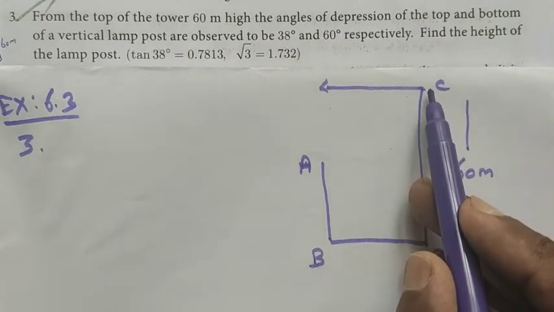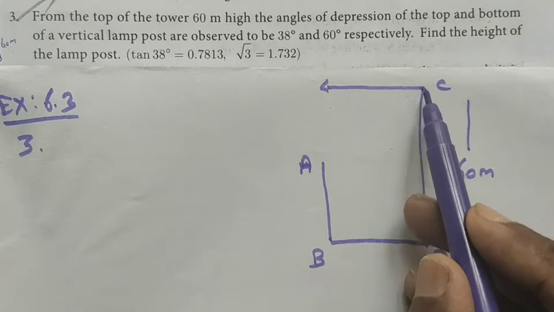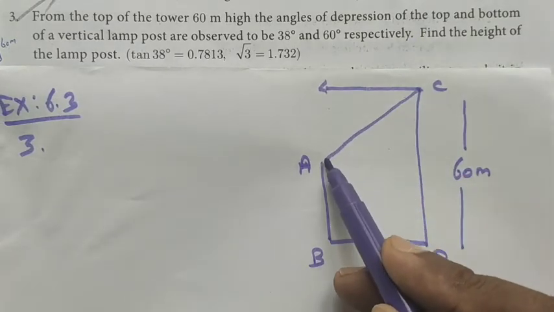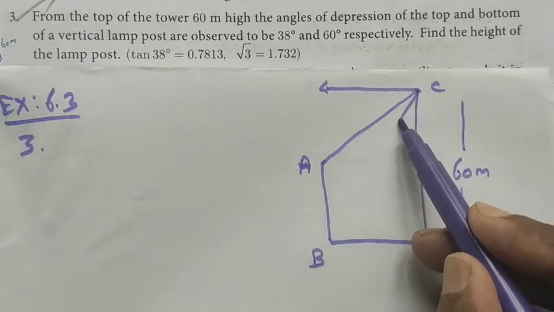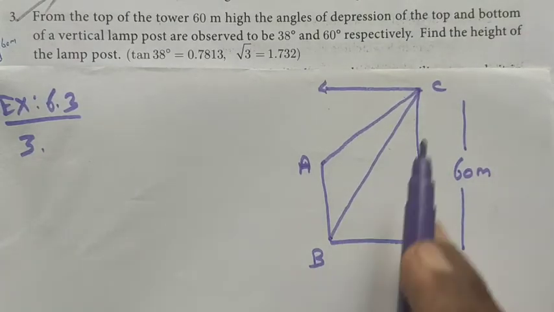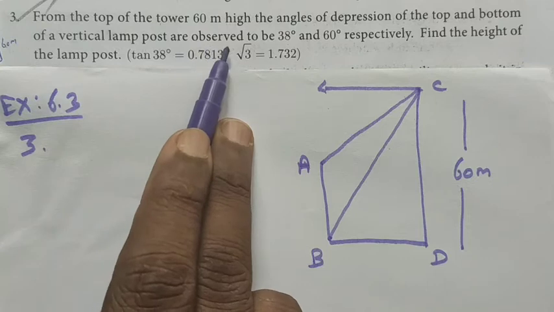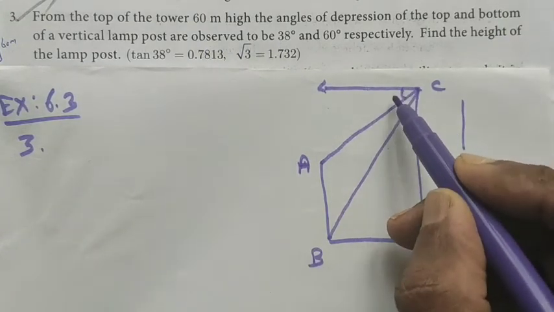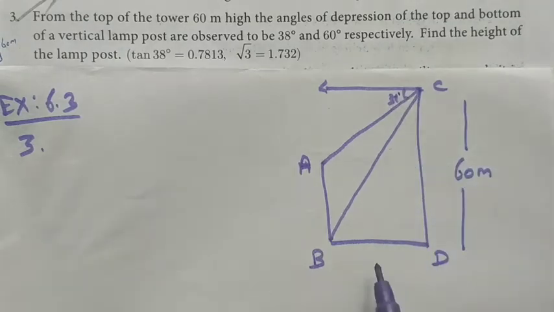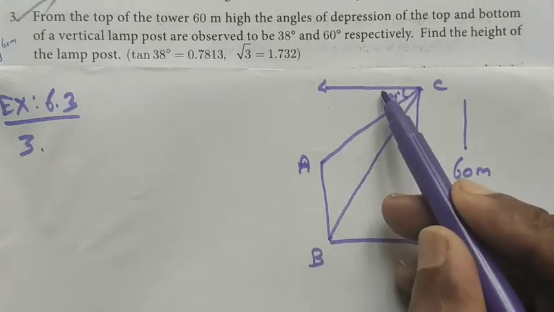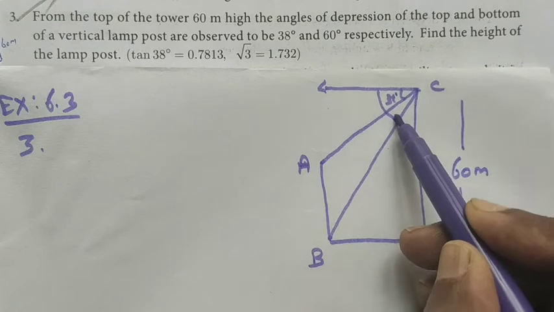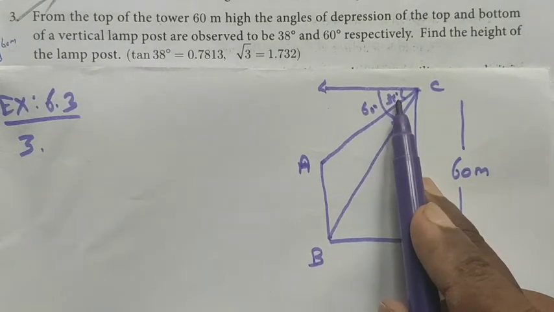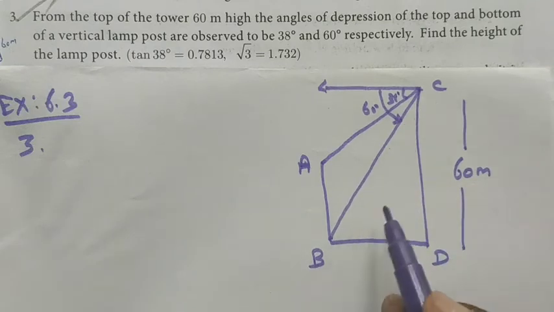From the top of the tower, the angle of depression of the top of the lamp post is 38 degree, and the angle of depression of the bottom of the lamp post is 60 degree.